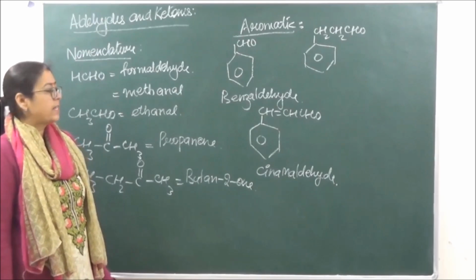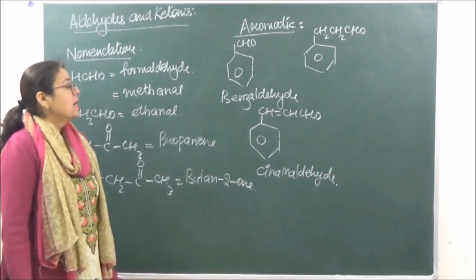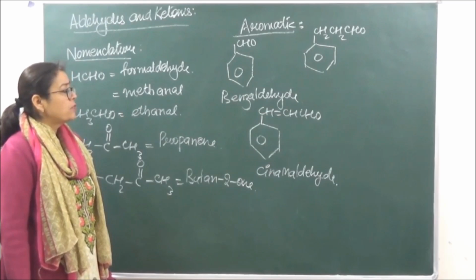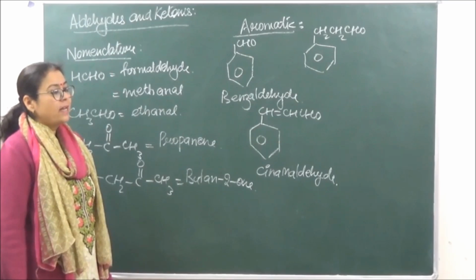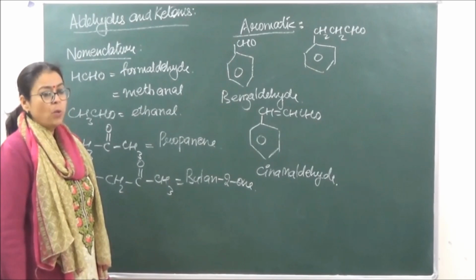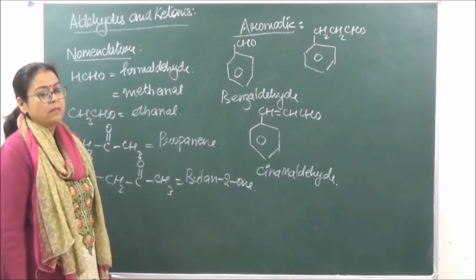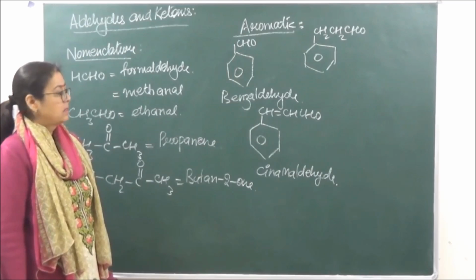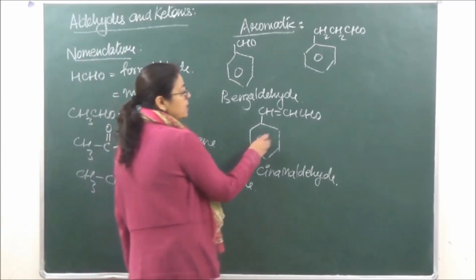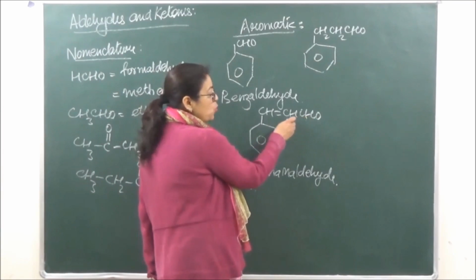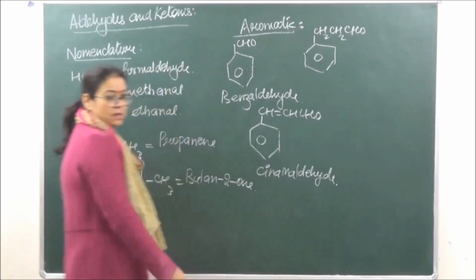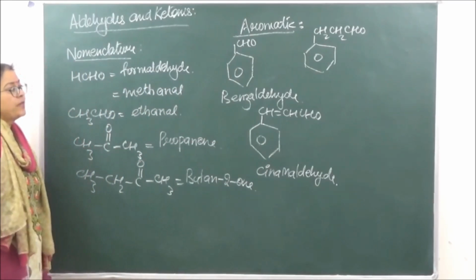You all know it. It has a very nice fragrance. Now if you take its IUPAC name, it is going to be 3-phenylprop-2-en-1-al. So this is going to be the IUPAC name.